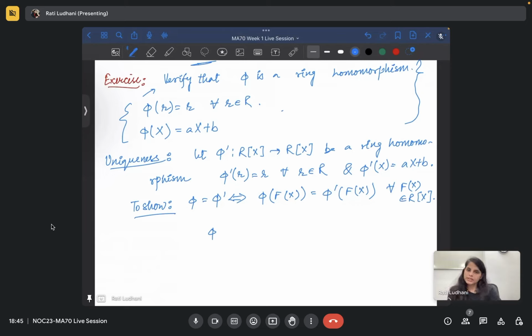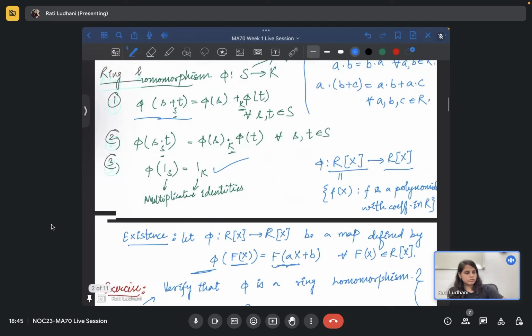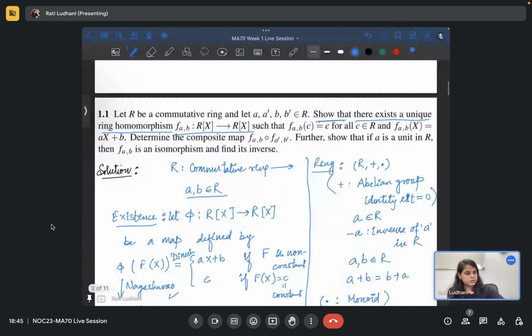That's why this is unique. That is what we need to check, because uniqueness is in terms of where it maps the constants and where it maps x. It's enough to get that information to find a ring homomorphism satisfying these two properties.